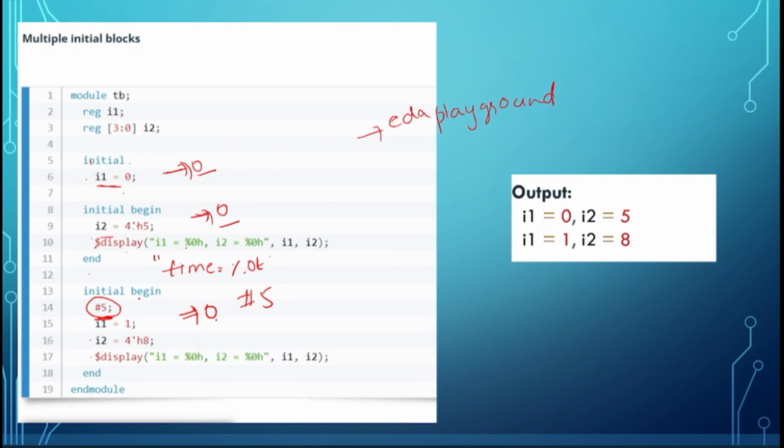Okay, and then you keep all this, and then $time, comma, I1, comma, I2. In this way, if you insert time, you can see the time along with these values also. So if you are interested, you can do that, and if you face any problem or have any doubts regarding that, you can comment to me in the chat box, right?